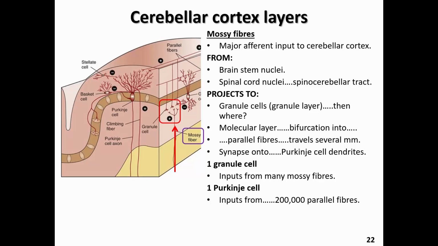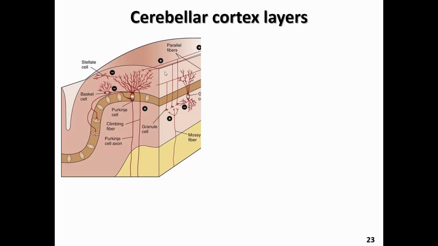The granule cells will then transmit those action potentials following these synaptic connections towards the most superficial surface part of the cerebellar cortex and form parallel fibers. And it's these parallel fibers that will synapse with this very extensive dendritic tree of a single Purkinje cell.